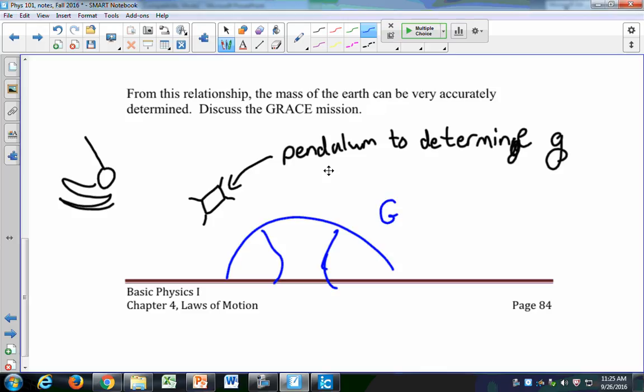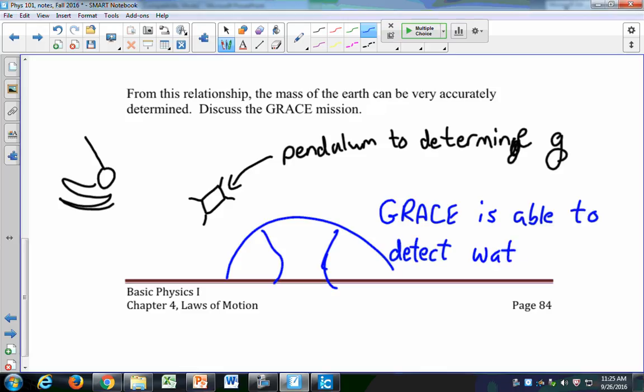So GRACE is able to detect things like water tables, oil deposits, and other things that you can't see from the surface of the Earth. Large subterranean geological formations that you can't see otherwise, just by measuring the acceleration due to gravity very accurately, and how that changes over the surface of the Earth.